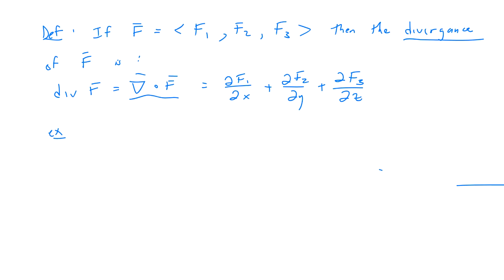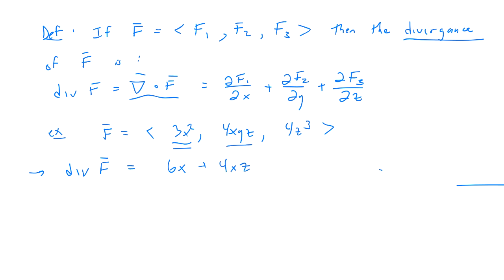An example, if we have a vector field like this, then the divergence of F is just the derivative of the first function with respect to x plus the derivative of the second function with respect to y plus the derivative of the third function with respect to z.